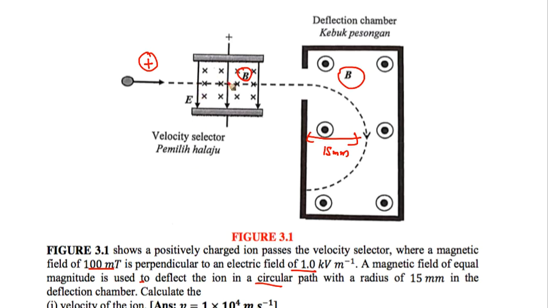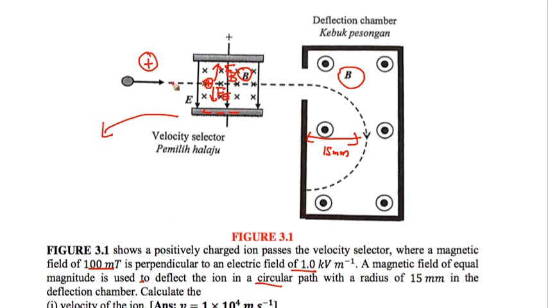So the velocity of the ion, at the velocity selector, if the positive charge enters the region of B and electric field E, the positive charge is moving downward by the electric force, or Fe. And we also have B in the region here, meaning the positive charge also has a magnetic force Fb.